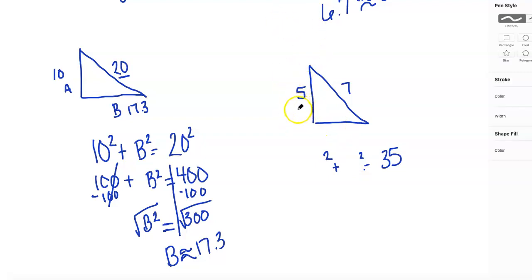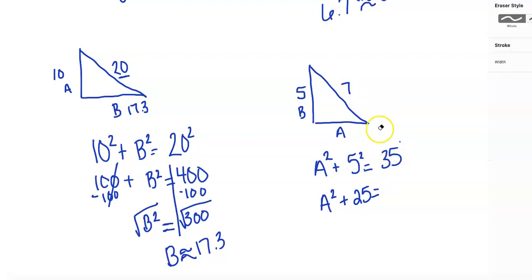Let's say that this is B and I'm trying to find A. So I have A squared plus my B squared is going to equal my C squared. Again, A squared plus 5 times 5 is 25 equals, oop, I put down 35. I don't know why I did that. 7 squared. Oh, I multiplied 5 times 7. That's how I got that one. I made a mistake. All right, 7 times 7 is 49.